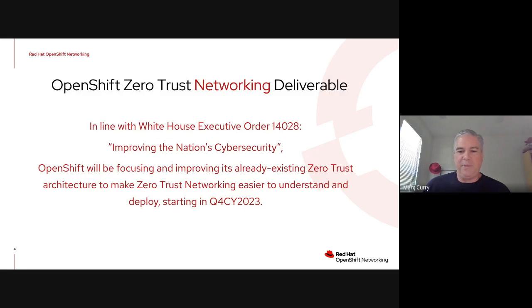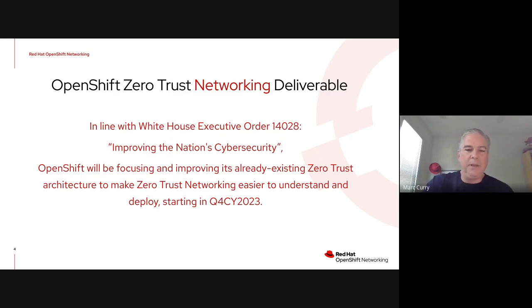So what is it specific about zero trust that we're doing with the networking part of this? Well, this larger effort was catalyzed, in the United States anyways, but this is true in other countries around the world, by White House Executive Order 14028, which is all about improving the nation's cybersecurity.